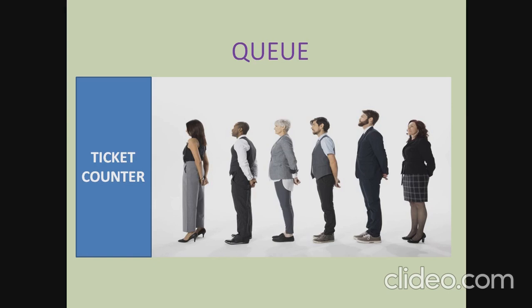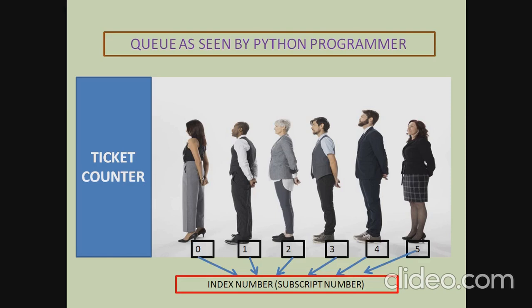See, the Python programmer not only sees these people standing in the queue, it is actually seen as a list where people are standing at different subscript numbers. You can see that there is a 0 subscript number. We know in Python a list starts with a 0 subscript number, then 1, then 2, then 3, then 4, then 5.